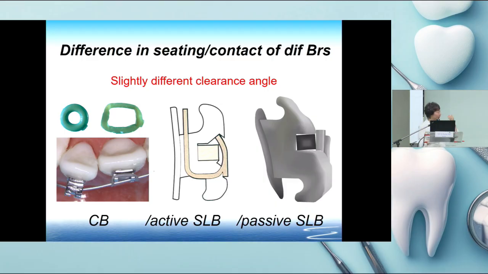And here, this is not true. Actually, with this relationship of the clip and the arch wire, the arch wire will not sit like this. It will have more clearance between the arch wire and the slot wall. And here, maybe we need to use a stainless steel ligature, tied very tight, to seat the arch wire and express the torque.